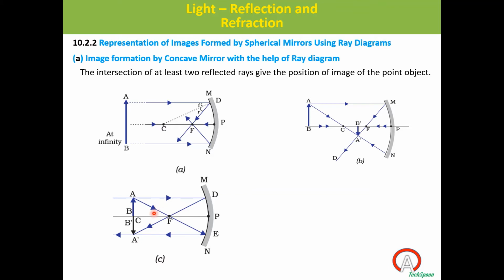We have to select the second ray in such a way that it intersects with the first reflected ray. We could select a ray passing through the center of curvature, but this is very difficult, because you will not get any intersection point. So better you consider the second incident ray passing through the focus. If an incident ray passes through the focus, what will happen, Abhijit? It will reflect back.